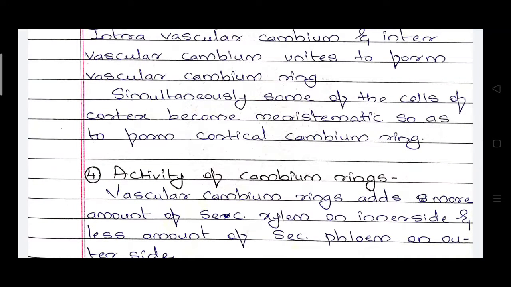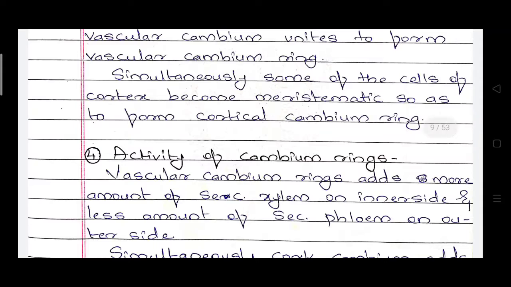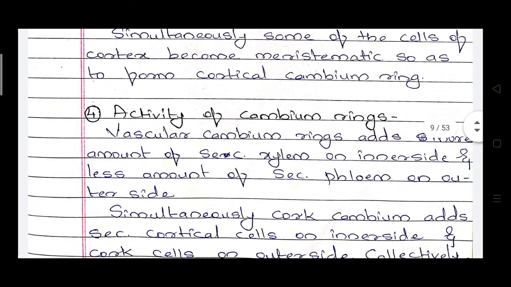Simultaneously some cells of the cortex become meristematic and form the cortical cambium ring.